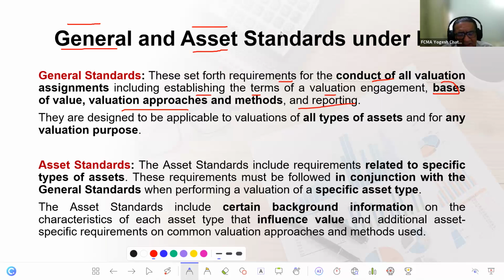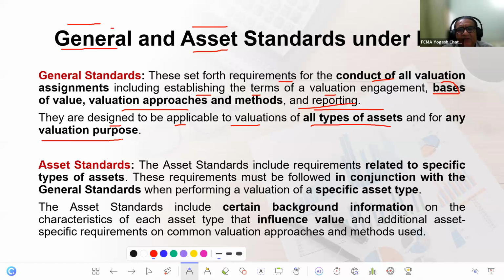So, compliance with the general standard is applicable in all types of assignment, because these are designed to be applicable to valuation of all types of asset. Whether we are doing a valuation of land and building, or plant and machinery, or security and financial asset, or tangible asset, intangible asset, whatever name we may call it, the general standard will be applicable to all types of asset, and for any valuation purpose.